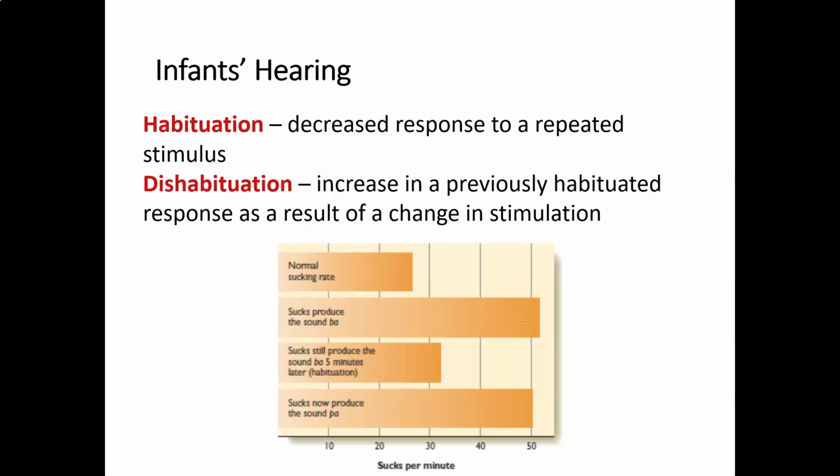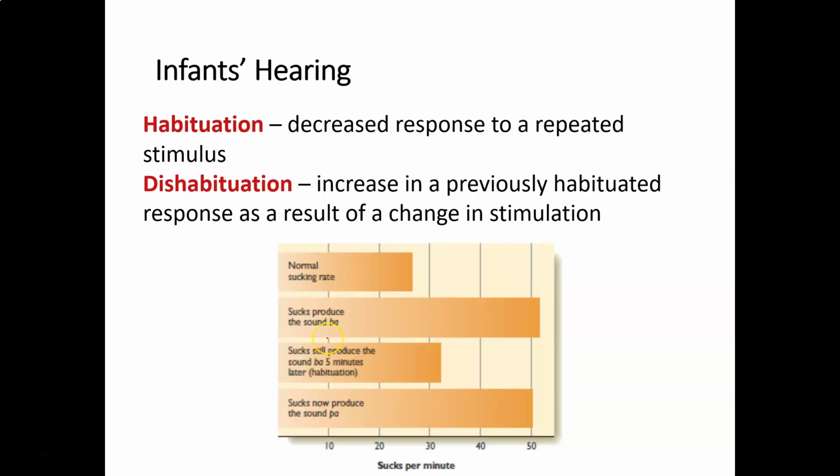And so this suggests that infants are using suckling as a way to demonstrate interest. If they're interested or curious, they'll suckle more. If they're less interested, less curious, they'll suckle less. And so when the sound ba was presented, the infant suckled about 52 sucks per minute, which is a lot.